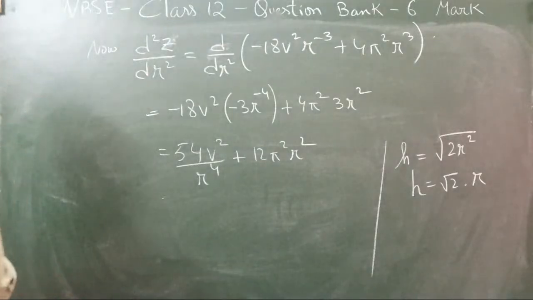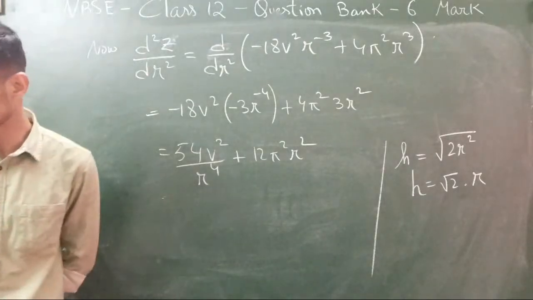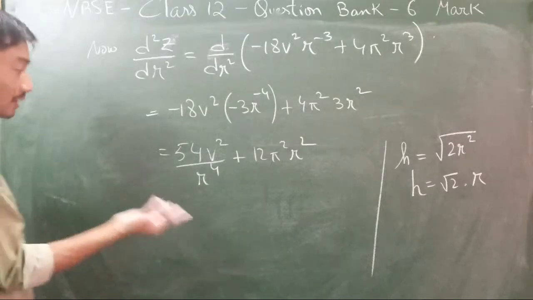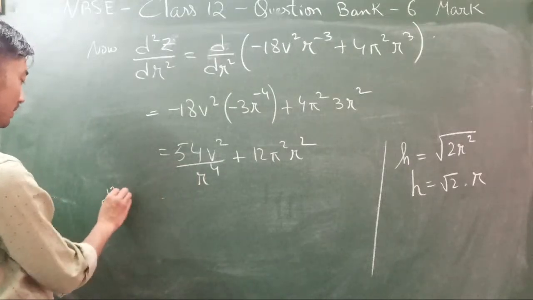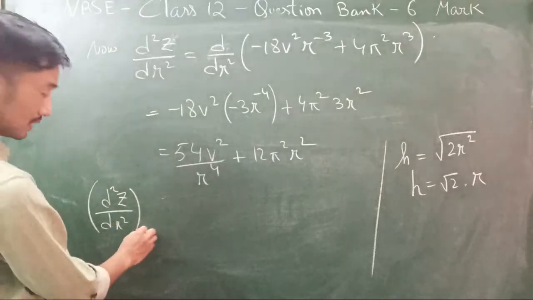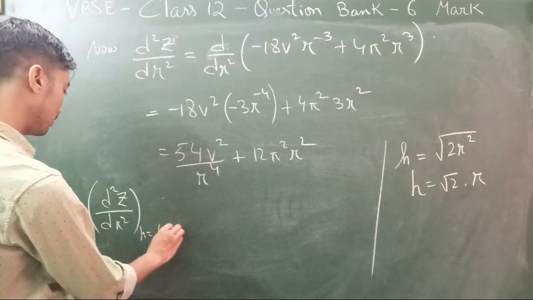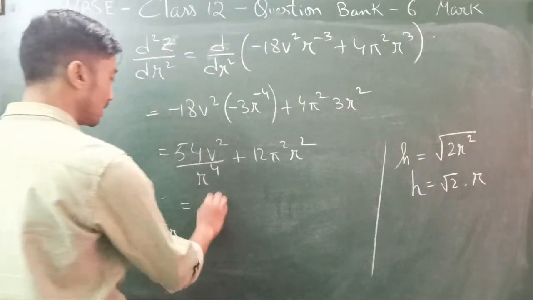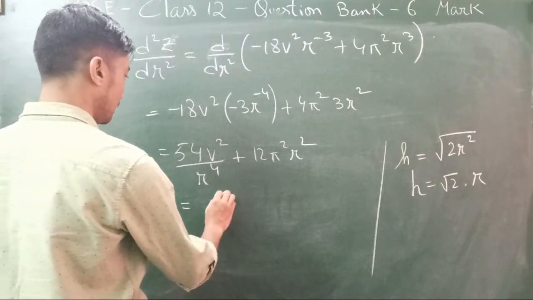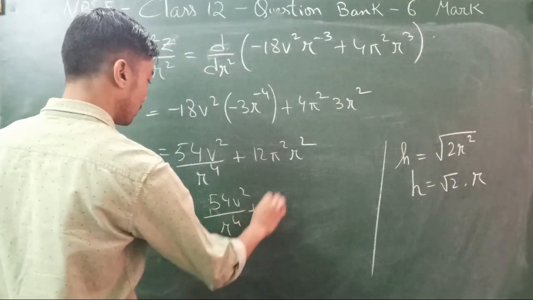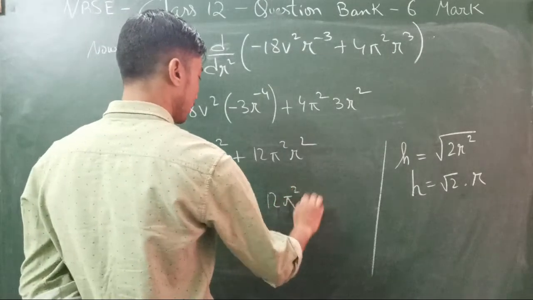So now here I guess you can easily make out that this value, no matter what happens, but anyway we'll just write down because that is a test. At h equal to root 2r, we don't have to write anything. This will be of course always okay. 54 b square by r power 4 plus pi square r square.